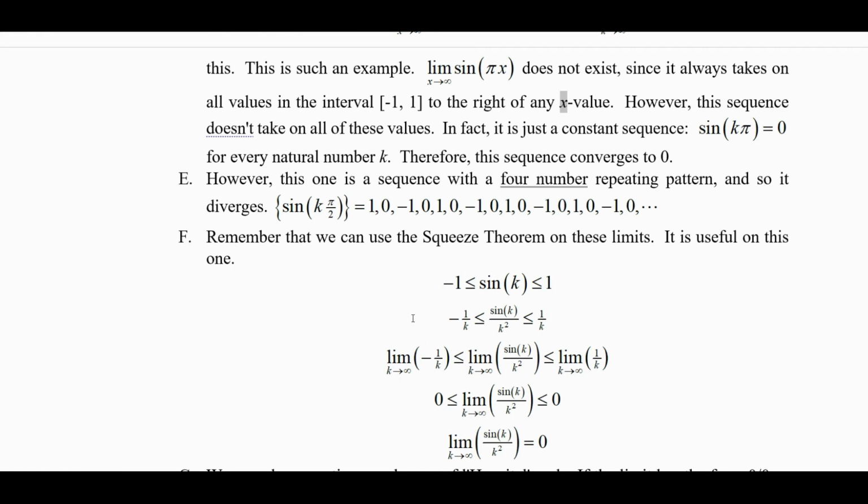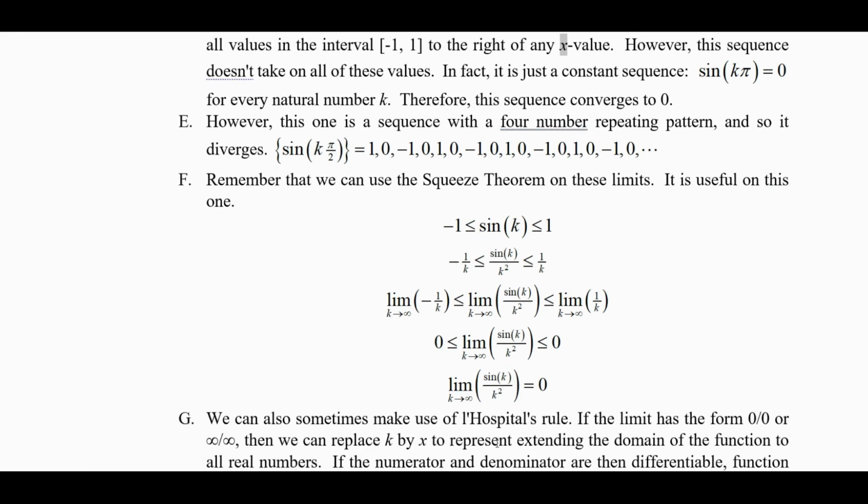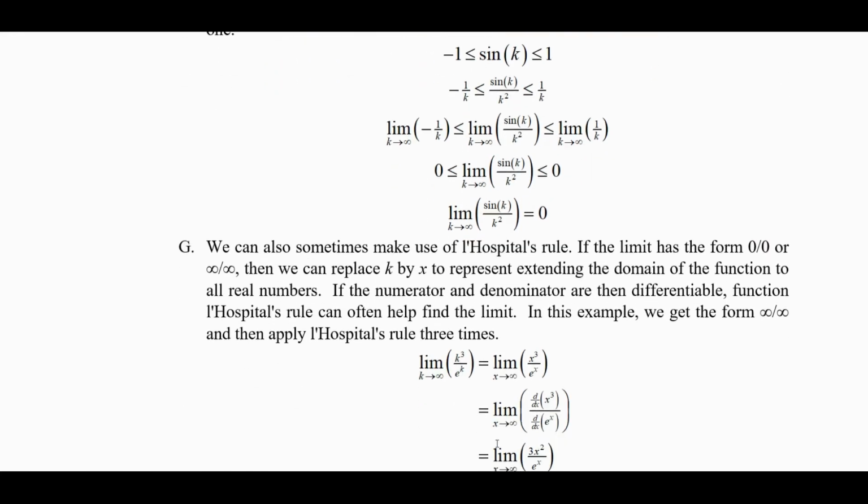And so that means the limits are between. So the limit of -1 over k is less than or equal to the limit of sine of k over k squared, which is less than or equal to the limit of 1 over k, all as k goes to infinity. Well, the ones on both ends are certainly 0. So that means the one in the middle gets squeezed. It's also 0 as well. So there's the squeeze theorem.